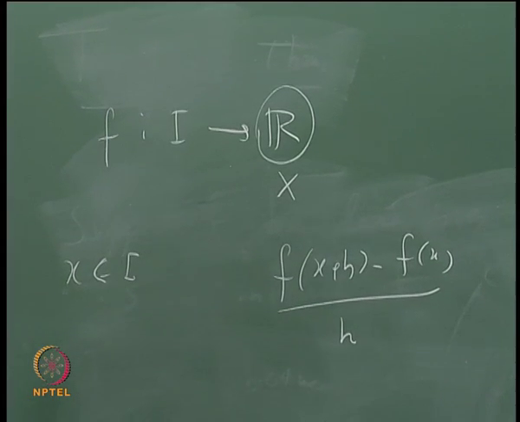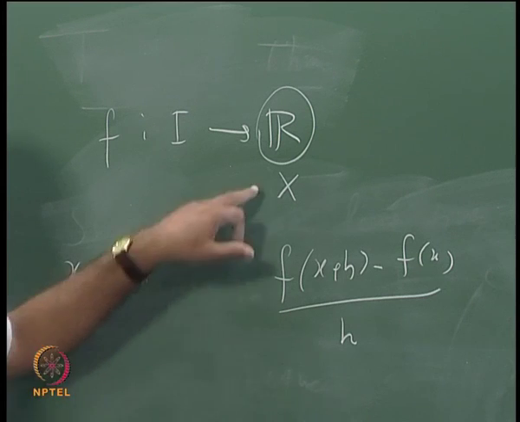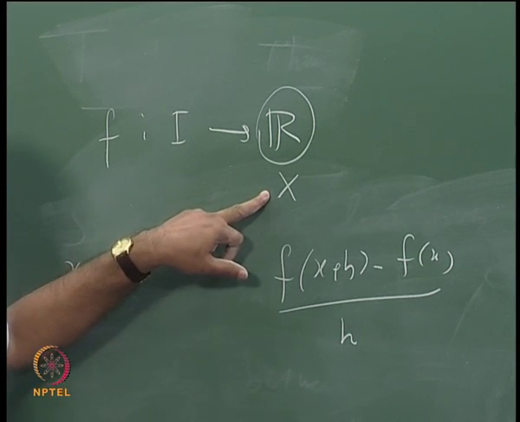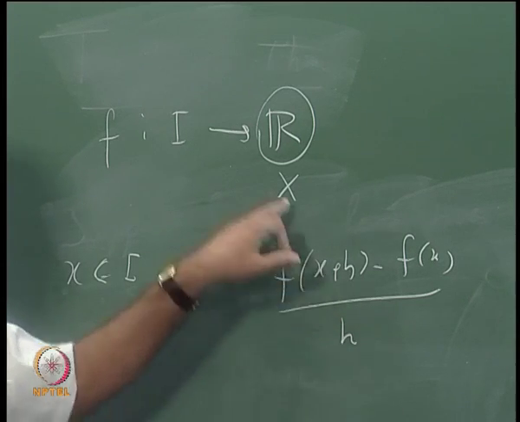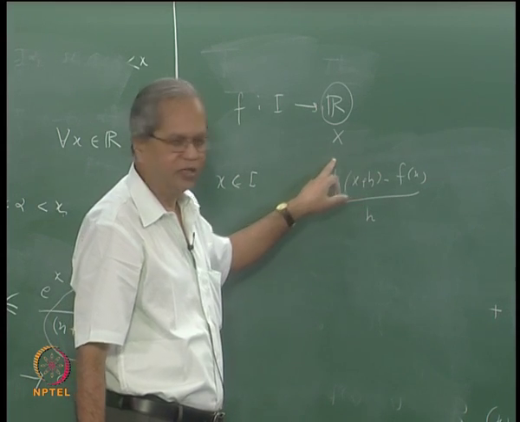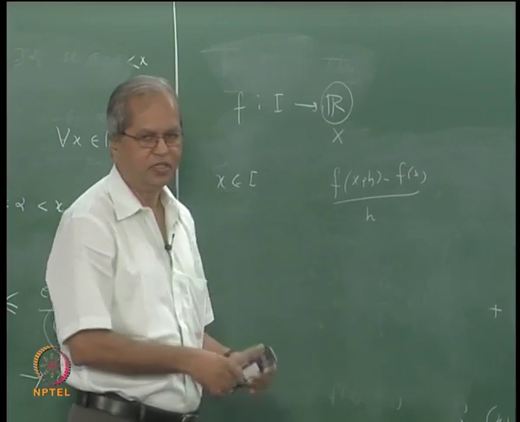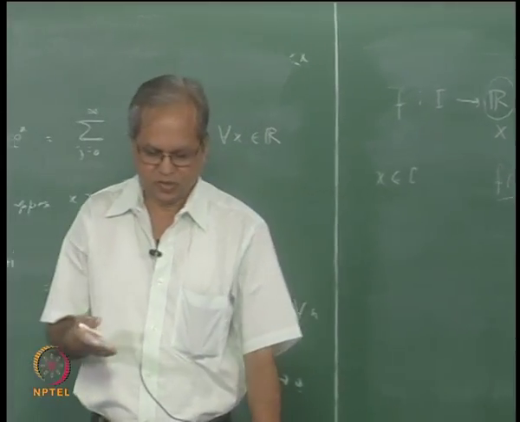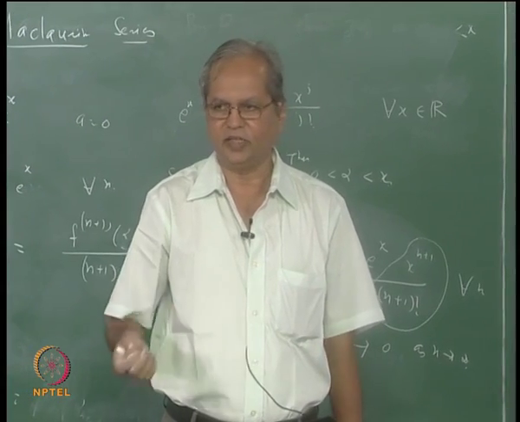Dividing by h is no problem, but that space should have the property that there is something like x plus h, and something like 1 by h, etc. In short, there should be the operations of addition of two elements and multiplication of a scalar and an element in that space.